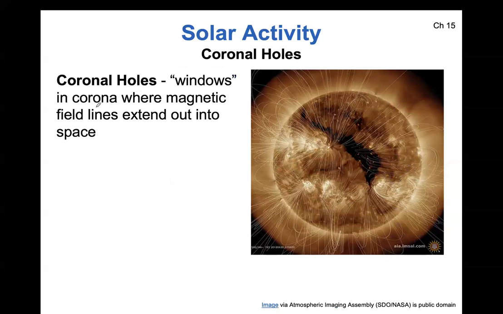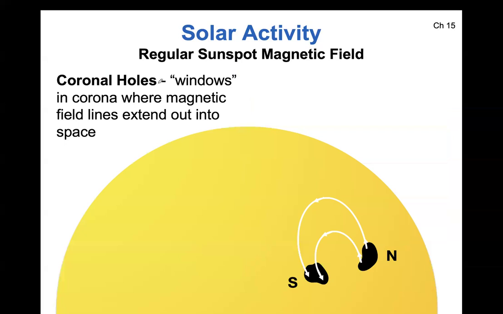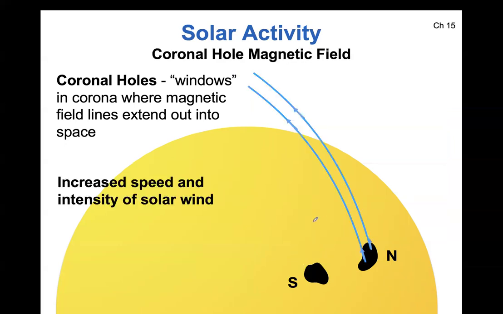Coronal holes are windows in the corona where magnetic field lines extend out into space. So this is a view directly through the corona. Looking at a regular sunspot magnetic field, as we saw before, coming out of one sunspot representing the north pole of the field, and then entering at another sunspot representing the south pole of that field, and the field lines connecting the poles like a big U-shaped magnet.